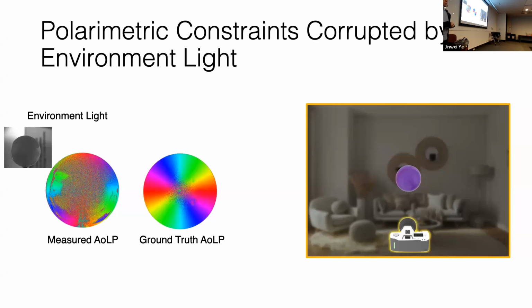Why is this? Usually we assume the light is unpolarized, but in the uncontrolled environment we have a lot of polarized light affecting the reflection from the surface, and so the angle of polarization.